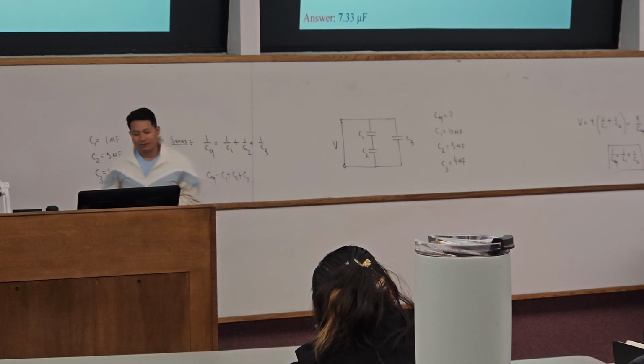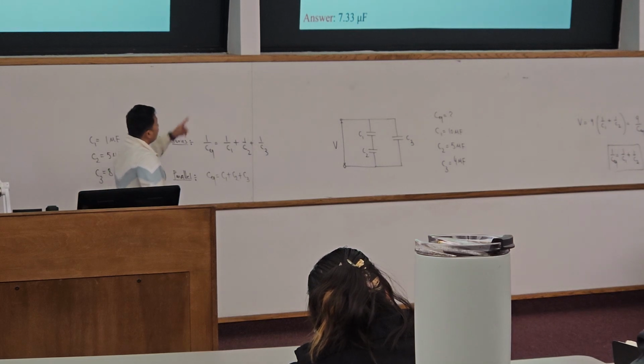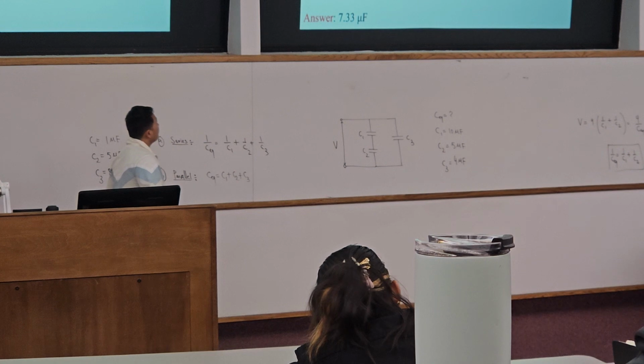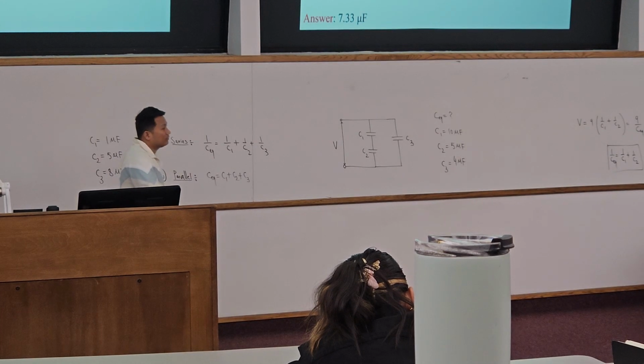You have the two formulas which will be given in the exam. For the series, I can use that formula: 1 over C equivalent equals 1 over C1 plus 1 over C2 plus 1 over C3. Or for the parallel, C equivalent equals C1 plus C2 plus C3. Now, which formula will you use and what is your idea?